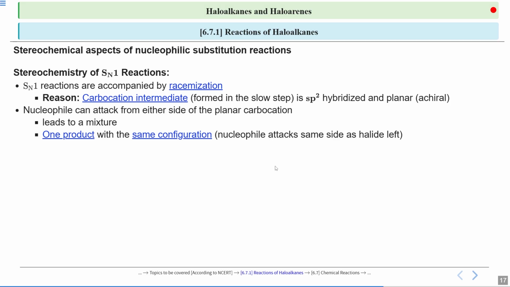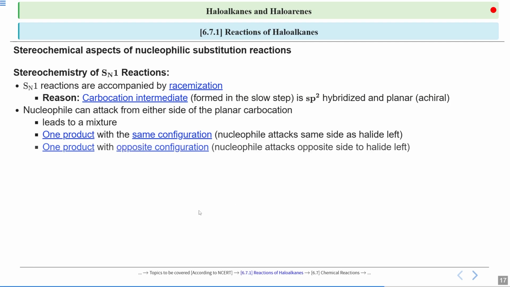One product in the mixture has the same configuration as the reactant, because the nucleophile is attacking from the side from which the halide is leaving. The other product in the mixture has the opposite configuration from the reactant, because the nucleophile has attacked from the opposite side to the leaving halide group.